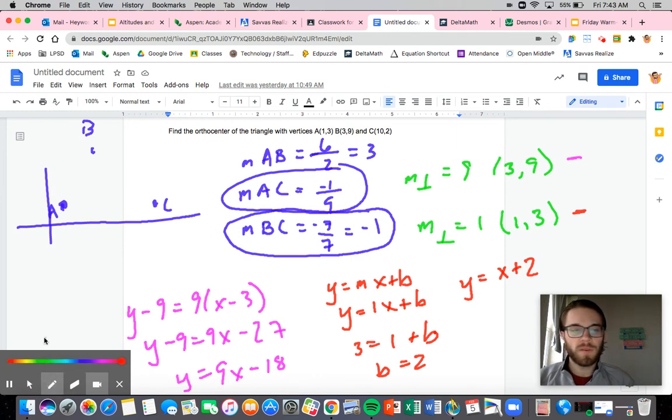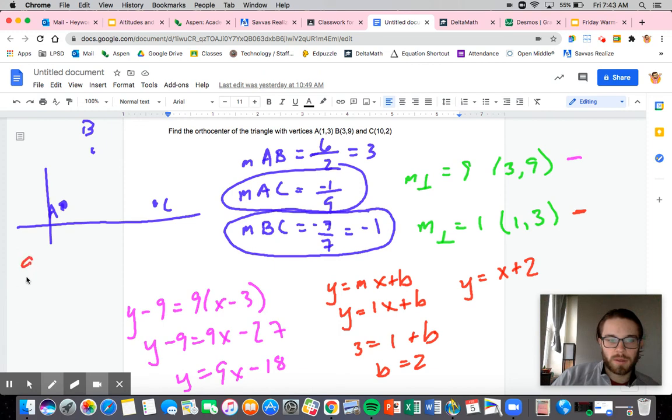Finally, what do we need to do? We need to find the point of intersection. So 9x minus 18 equals x plus 2. If I put this on this side, that'd be 20. So 8x equals 20, so x is going to be equal to 20 over 8.